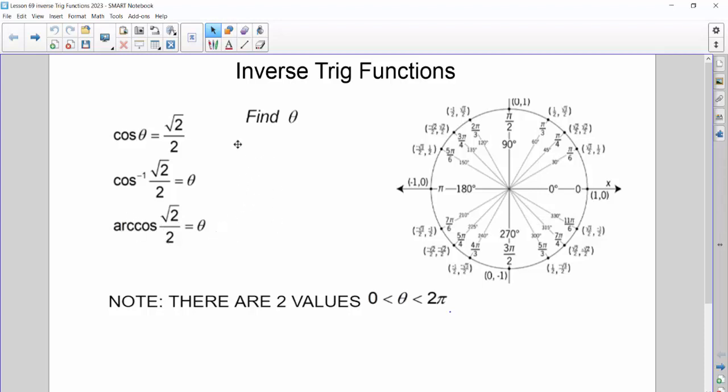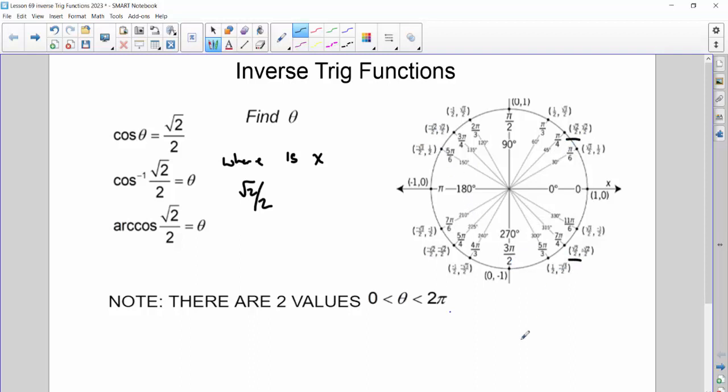Now, if I look at the graph or the unit circle and find a cosine value of root 2 over 2, that's asking basically where is x root 2 over 2. And I look and there's one here, and I look and that's a negative root 2 over 2, so that's not going to work, and there's another one here.